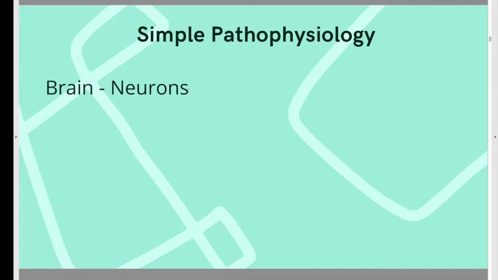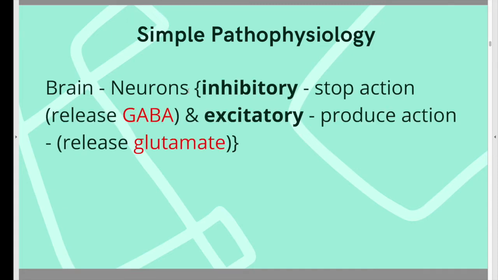Of course, our brain has neurons. Neurons transmit information. And there are 2 types of neurons, inhibitory and excitatory. Inhibitory, from the word itself, stops an action or causes inhibition.